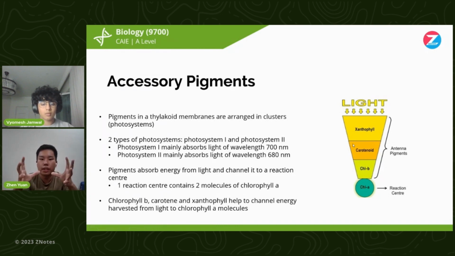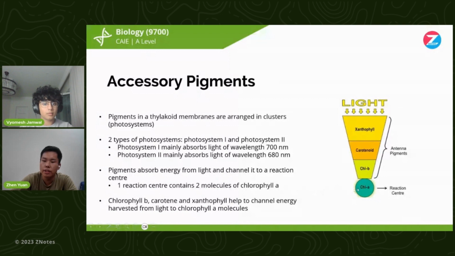In photosynthesis, we say chlorophyll absorbs light, but actually there are so many pigments: your xanthophyll, your carotenoid, and chlorophyll B. They absorb the light and transfer it as energy into your reaction center, this green circle here, which in simplified format contains chlorophyll A. One reaction center contains two molecules of chlorophyll A.